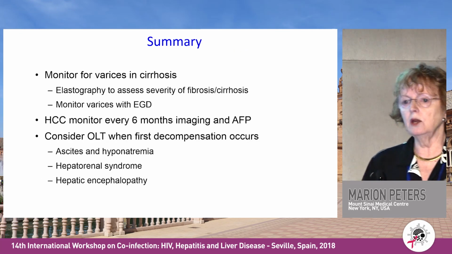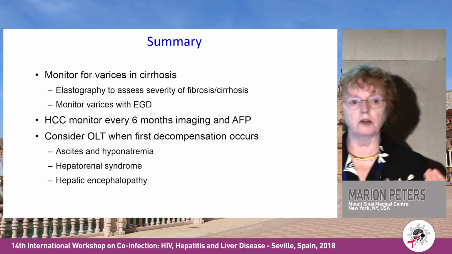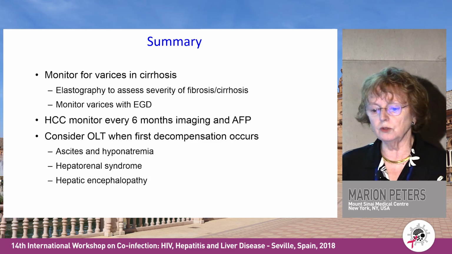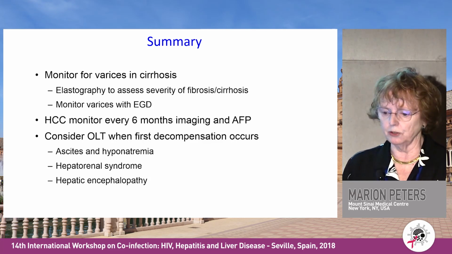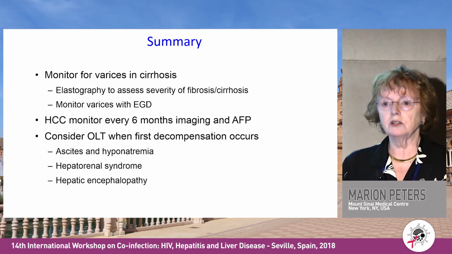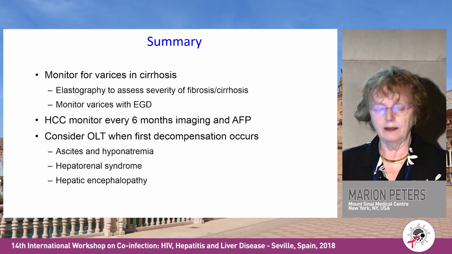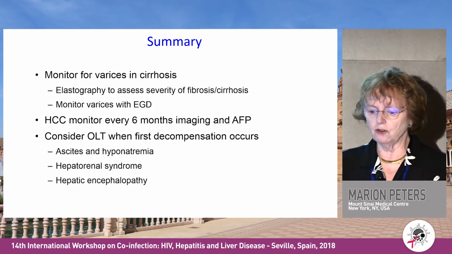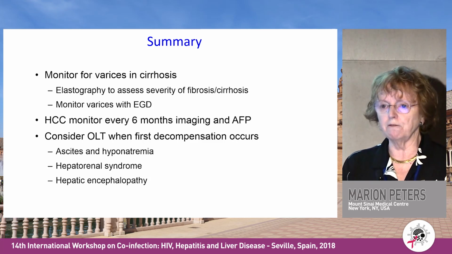So in summary, all cirrhotics should be monitored for varices. You can use elastography to assess the severity of fibrosis and cirrhosis, except after the cure. You monitor the varices with endoscopy. Patients with cirrhosis must have HCC monitoring every 6 months, imaging and alpha-fetoprotein.